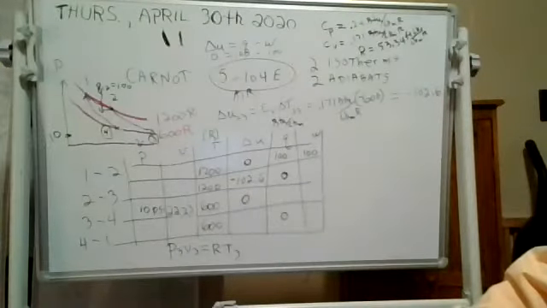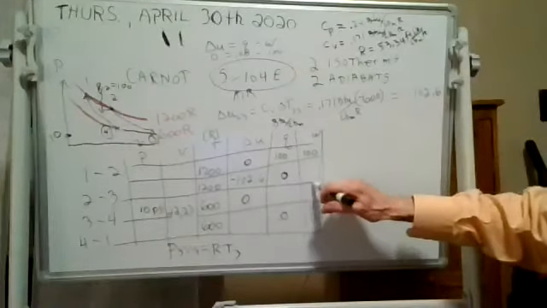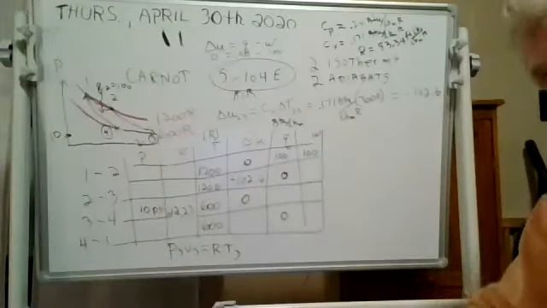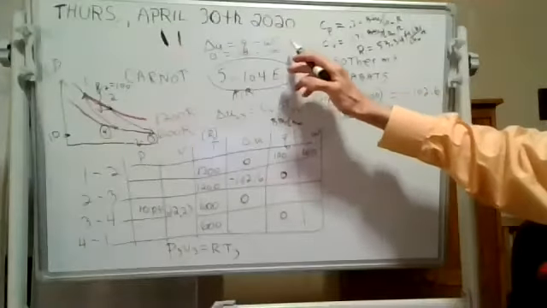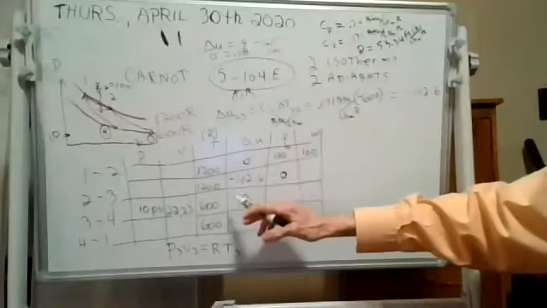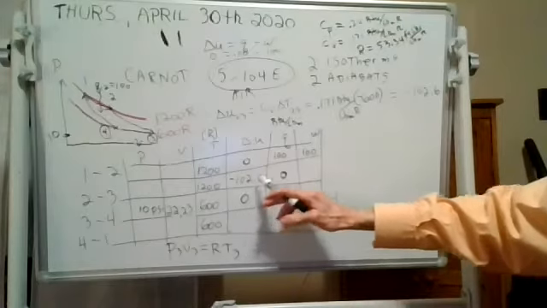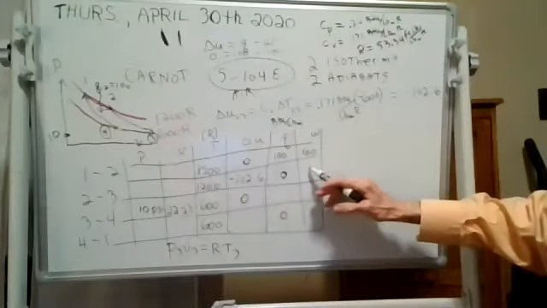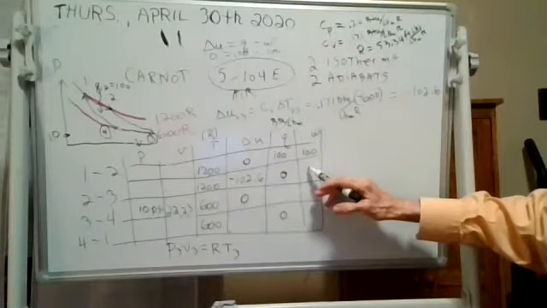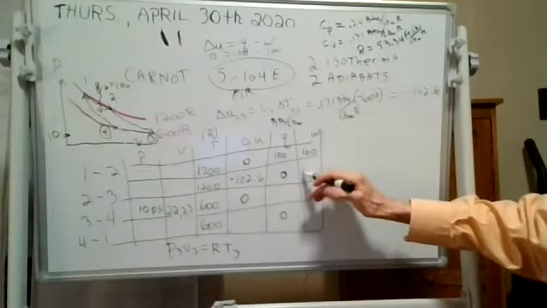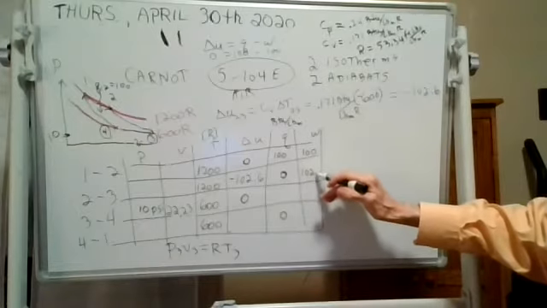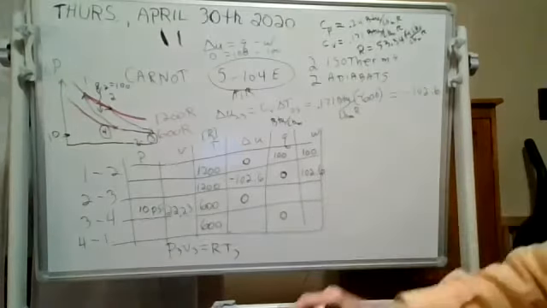Yes, sir. Great. Hey, looky here, back to the first law. Delta U equals Q minus W. If you know delta U and you know Q, you should be able to get W. Going from 2 to 3, I think it's 102.6. But is it plus or minus?